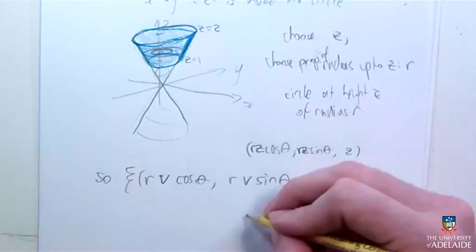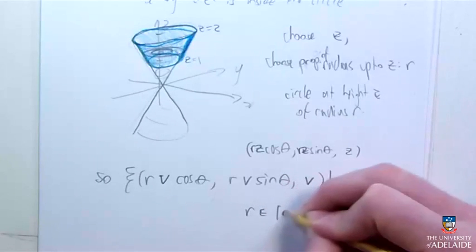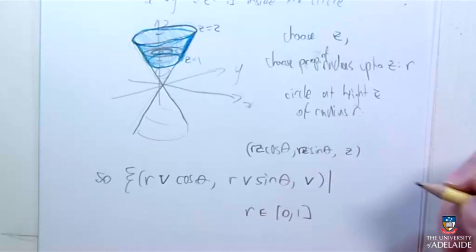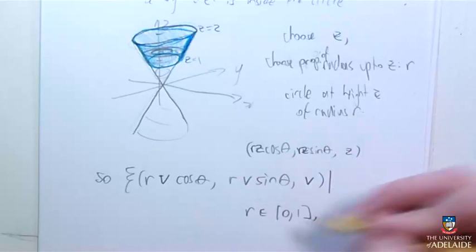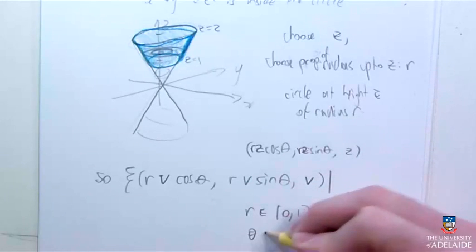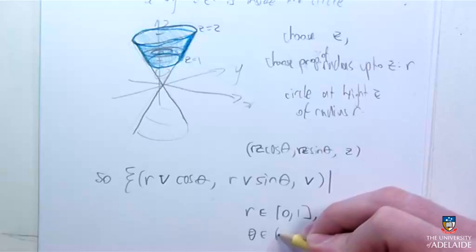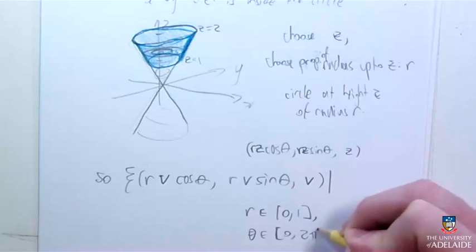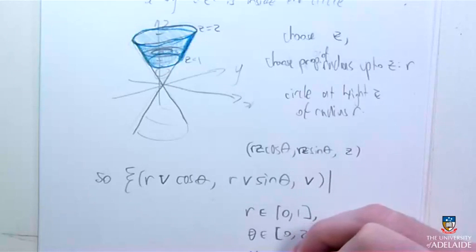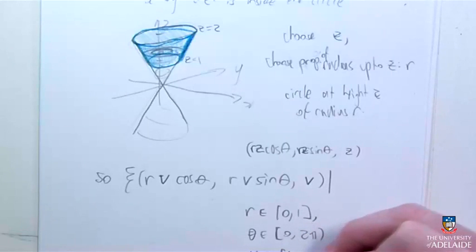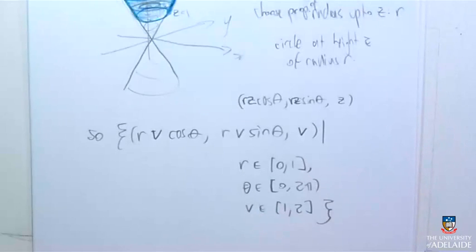Such that the r is between 0 and 1 because it's a percentage. The theta would be between 0 and 2 pi. And the v would be the value of z, which is between 1 and 2. Now you don't have to do it that way.